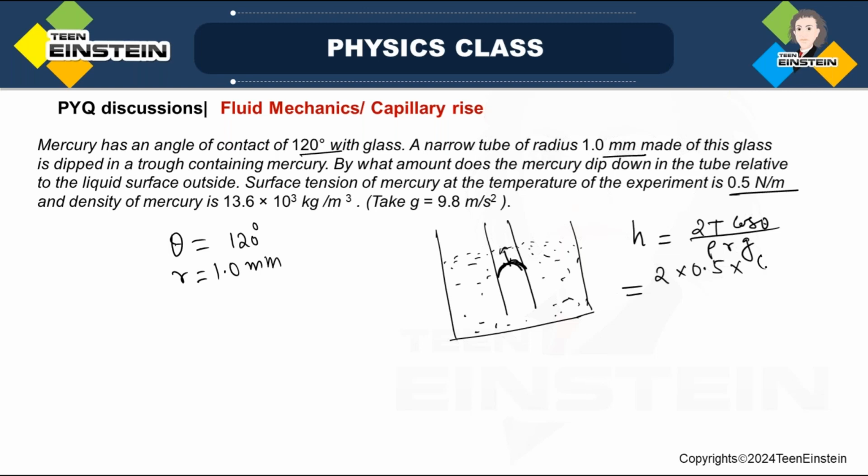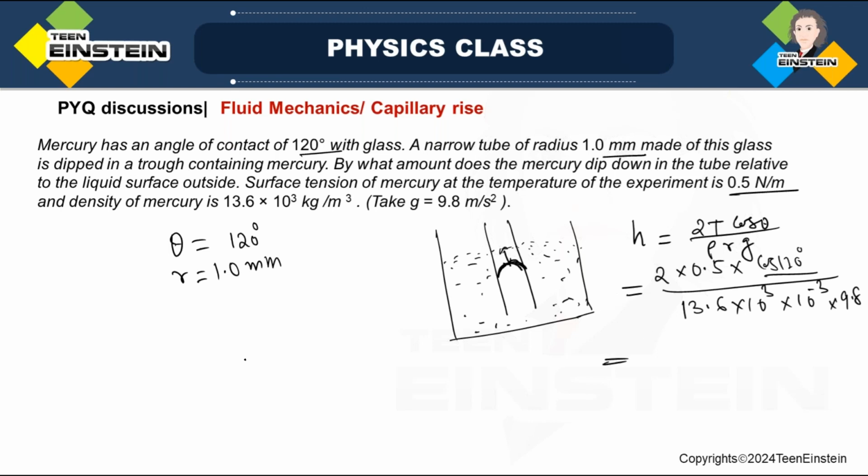This is cos of 120 degree, divided by rho r g. Rho is 13.6 into 10 to the power 3 kg per meter cube. r is given as 1 millimeter, that means 10 to the power minus 3. g we have to take 9.8.